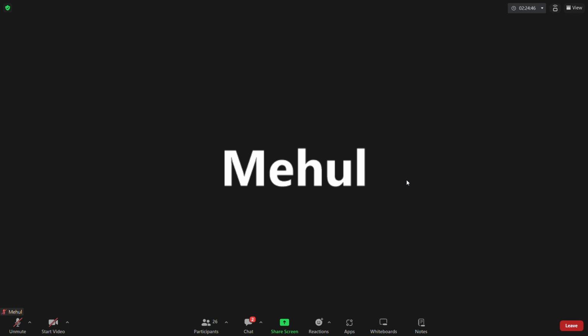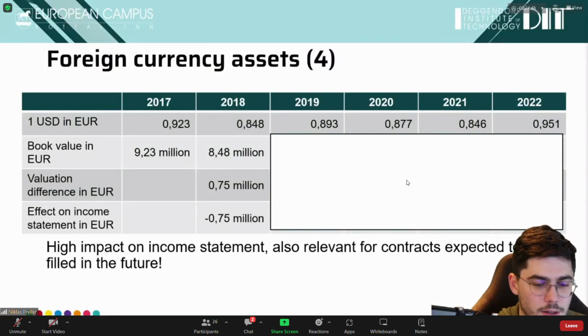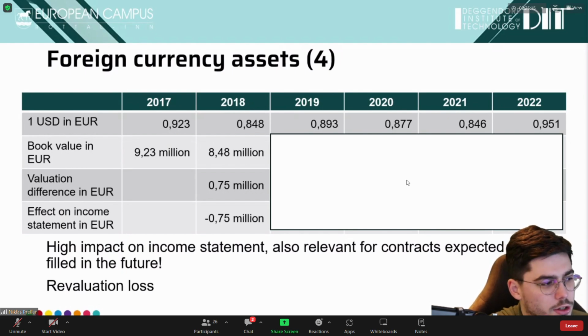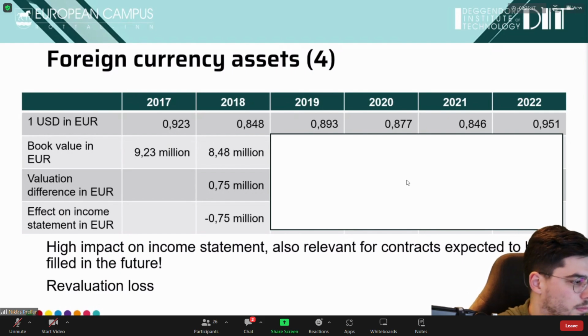Yes. Okay. Because we have an accounting entry, of course, here for 2018, as we have to adjust our book value of the bank account to 8.48 million. So we have something like revaluation loss, something like that.